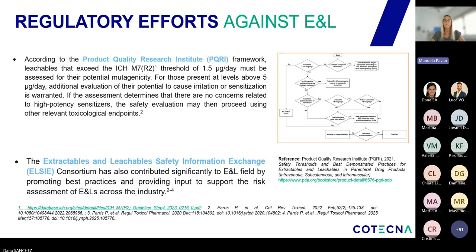Mutagenic leachables are limited to 1.5 micrograms per day, while non-mutagenic substances are further assessed for sensitization, where potent sensitizers may then require limits below 5 micrograms per day, while non-sensitizers may also allow a higher threshold based on available toxicological data. And the LC Consortium also contributed significantly in the extractables and leachables field by promoting best practices and providing input to support risk assessment of extractables and leachables.